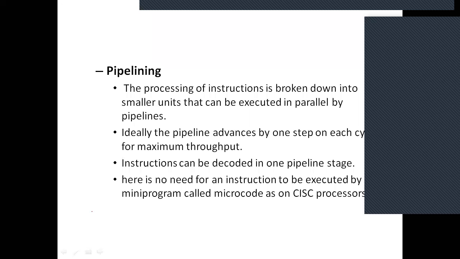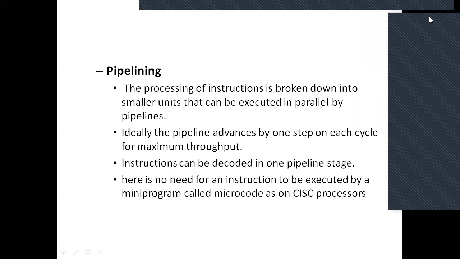So this is the concept I have already explained, that is what is pipelining. The processing of an instruction is broken into smaller units that can be executed in parallel by the pipeline. So ideally the pipeline advances by 1 step on each cycle for maximum throughput. Maximum throughput means you have to execute a larger number of instructions in a shorter time.